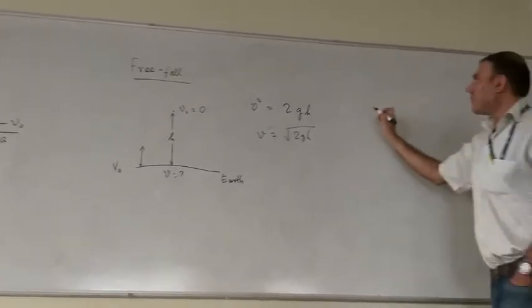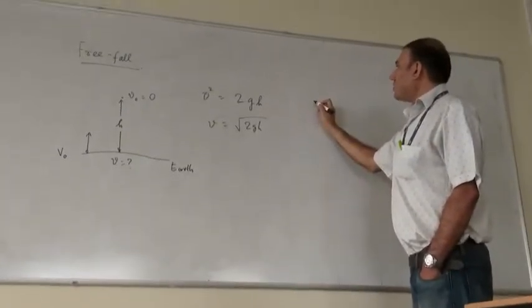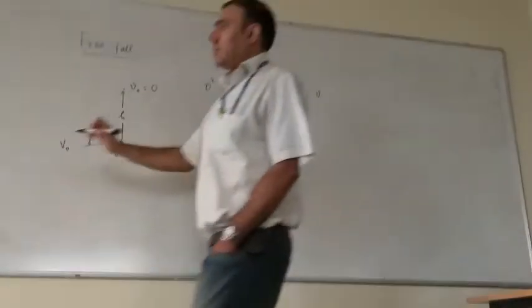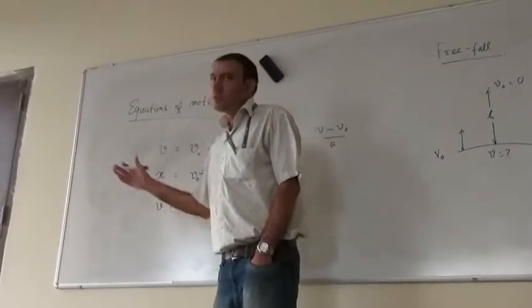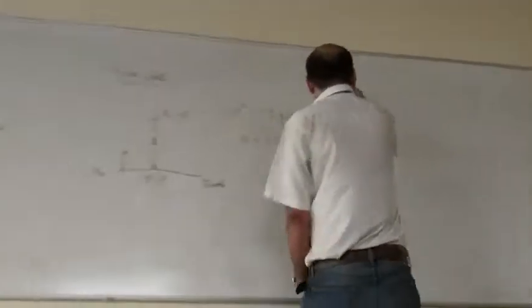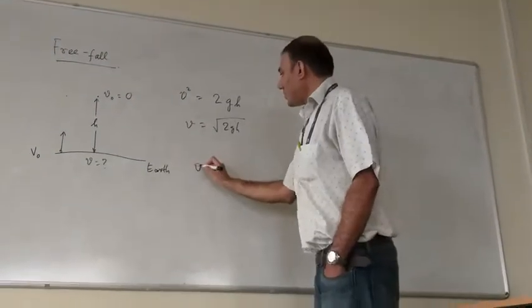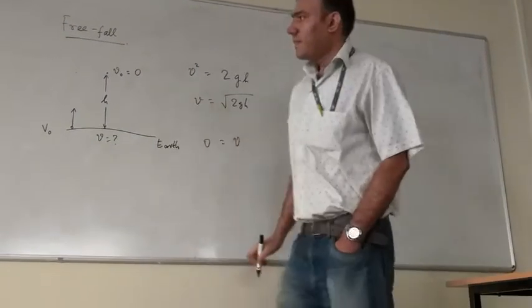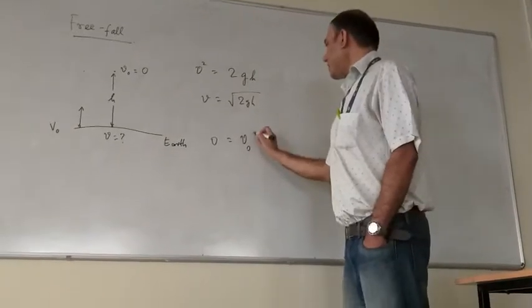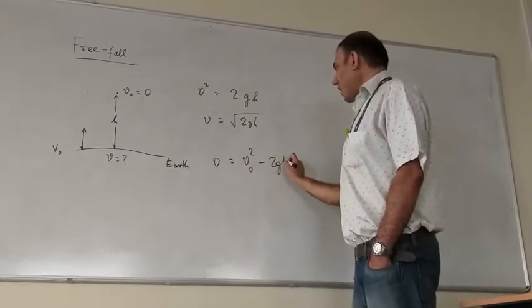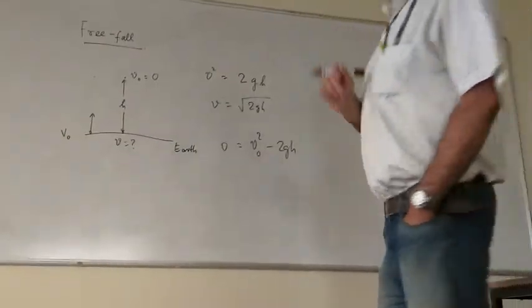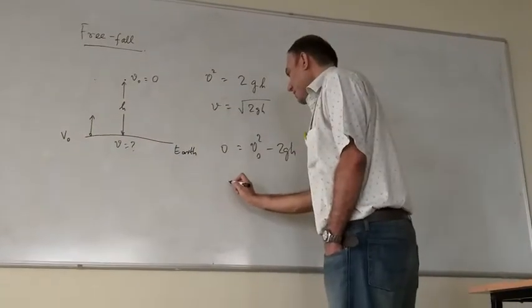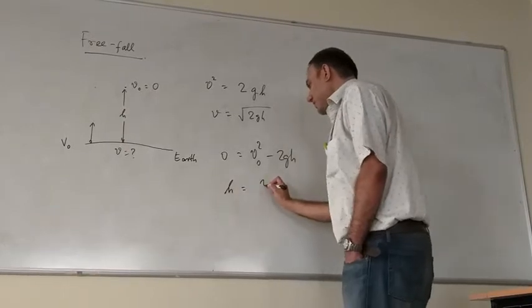So v, when it reaches the maximum height, then what is this velocity? Zero, right? So zero would be equal to v naught square minus 2gh. Why is it a minus? Because the acceleration is opposite. Right? So basically your h is v naught square by 2g.